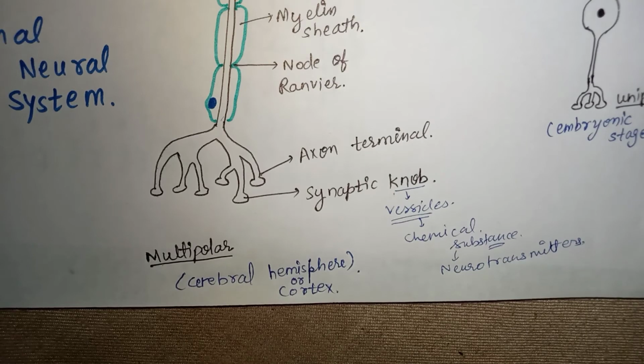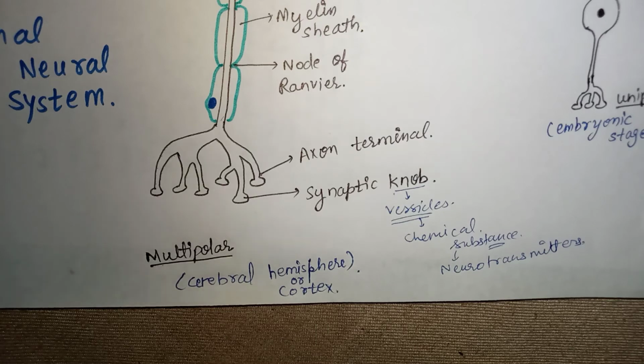And on the binding of these neurotransmitters with their respective receptors, it leads to the opening of some ion channels, which are important for the conduction of impulse. As the ion gradient changes, the conduction of impulses is possible, okay.